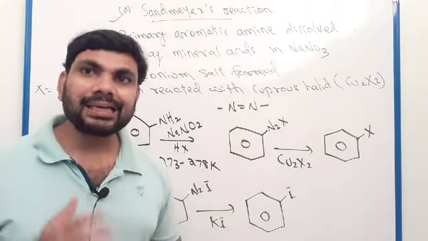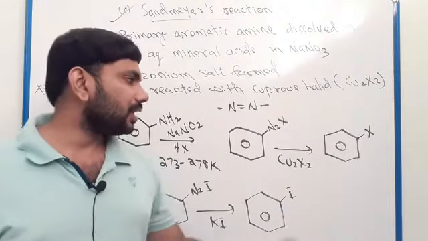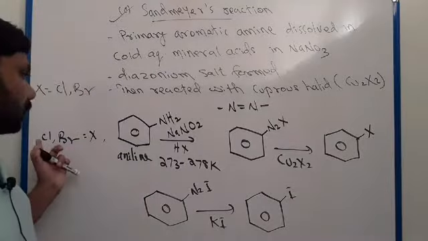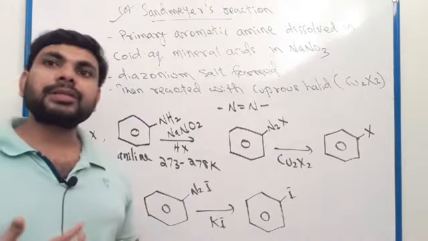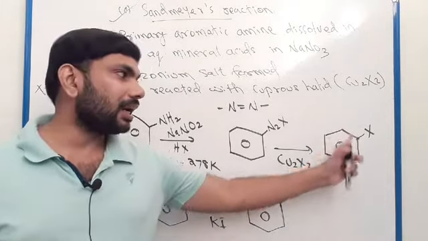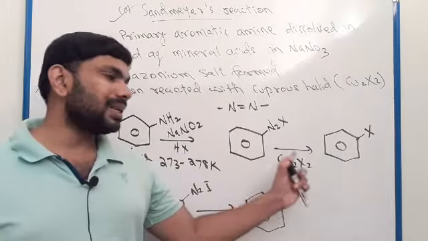This benzene diazonium halide reacts with the cuprous halide, Cu2X2. X means chlorine or bromine, I told you, depending on the situation. If we want to get aryl chloride, we have to choose HX and Cu2Cl2.